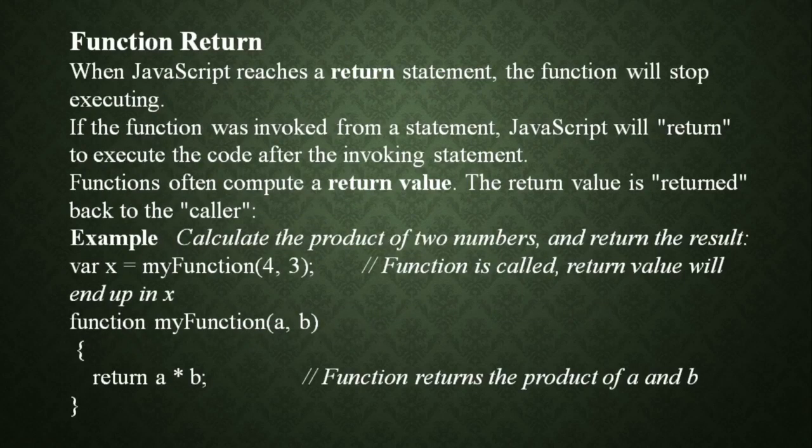Function return. When JavaScript reaches a return statement, the function will stop executing. Control will go back to the statement after completing this function. If the function was invoked from a statement, JavaScript will return to execute the code after that invoking statement.